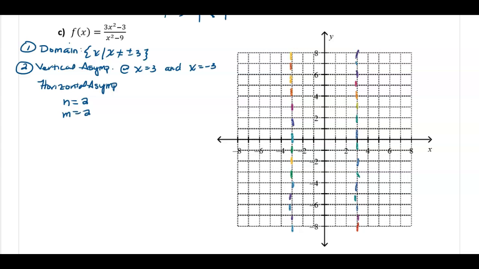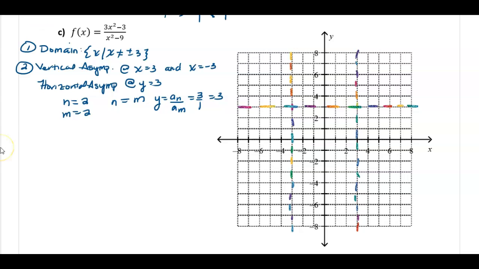M, the degree of my denominator, is 2. Since n equals m, it says we need to divide our leading coefficients. And in this case, 3 over 1, which is 3. So we have a horizontal asymptote at y equals 3. So now, just based on this alone, and we haven't gotten to this, we're going to have 3 intervals to test. Negative infinity to negative 3, negative 3 to 3, and 3 to positive infinity. So keep that in mind.